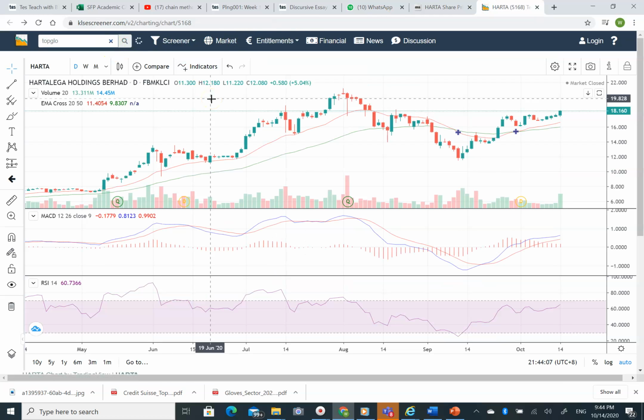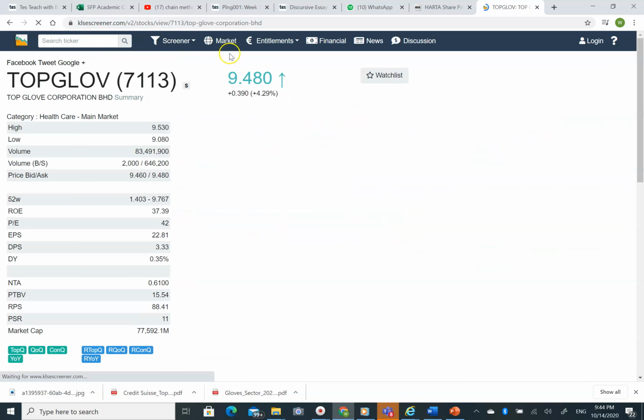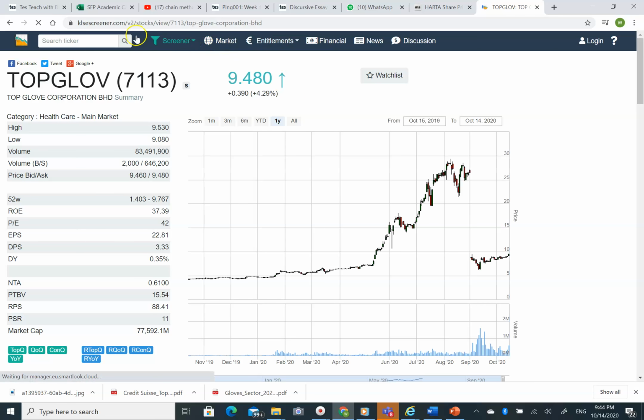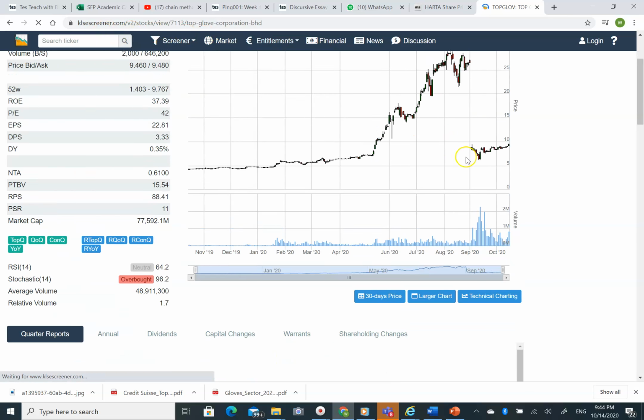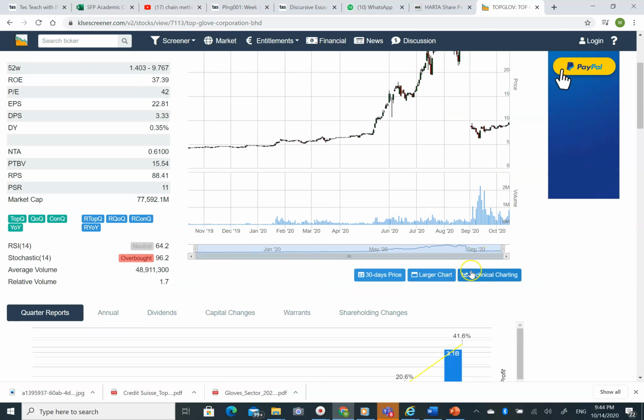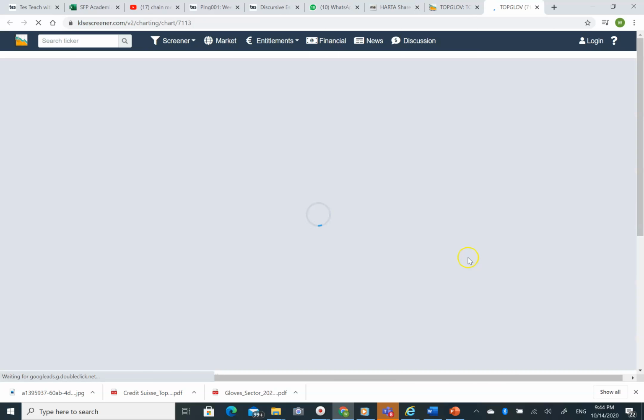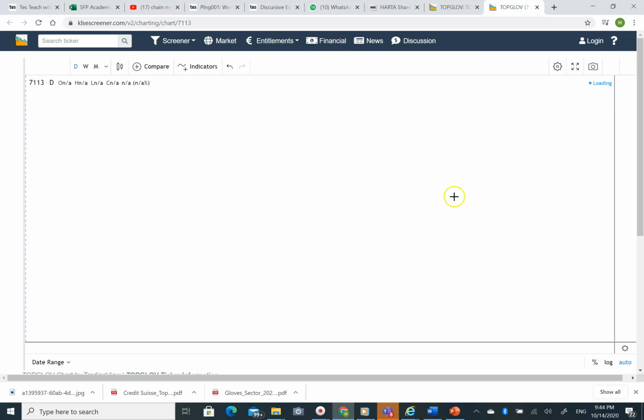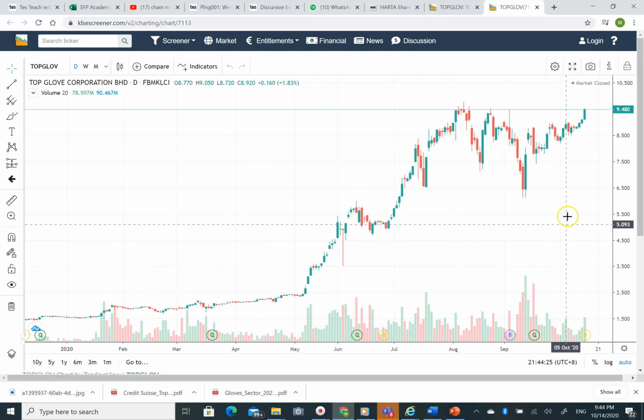Since we are talking about Top Glove, let's go to Top Glove. This is Top Glove. You can go to KLCE Screener, Top Glove. You look at this chart. This is not the chart that we want. We want the technical charting. If you can see the technical charting, this is what we want to take a look at.